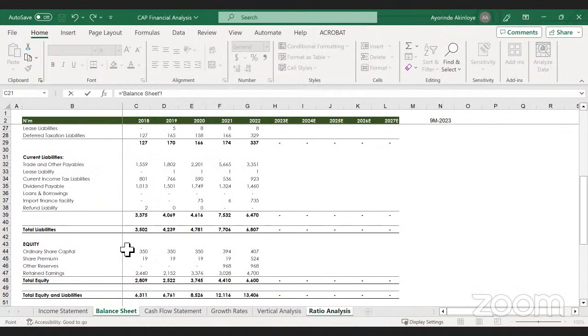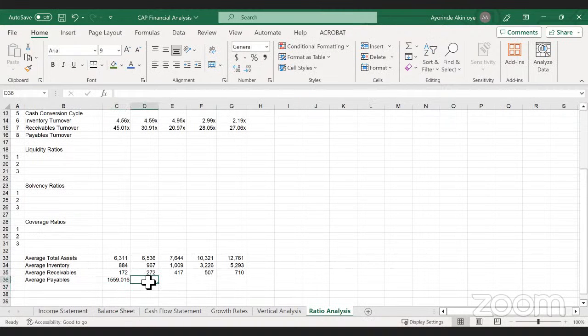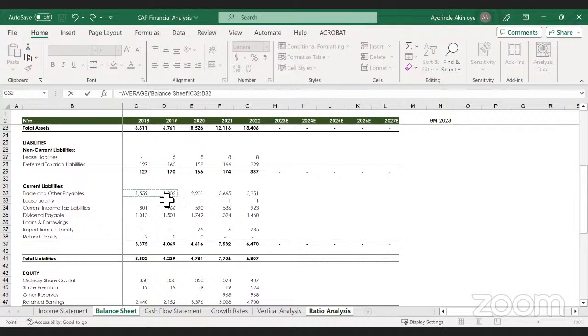So we'll come to trade and other payables. This is it. I calculate average for the rest of the years. So average.